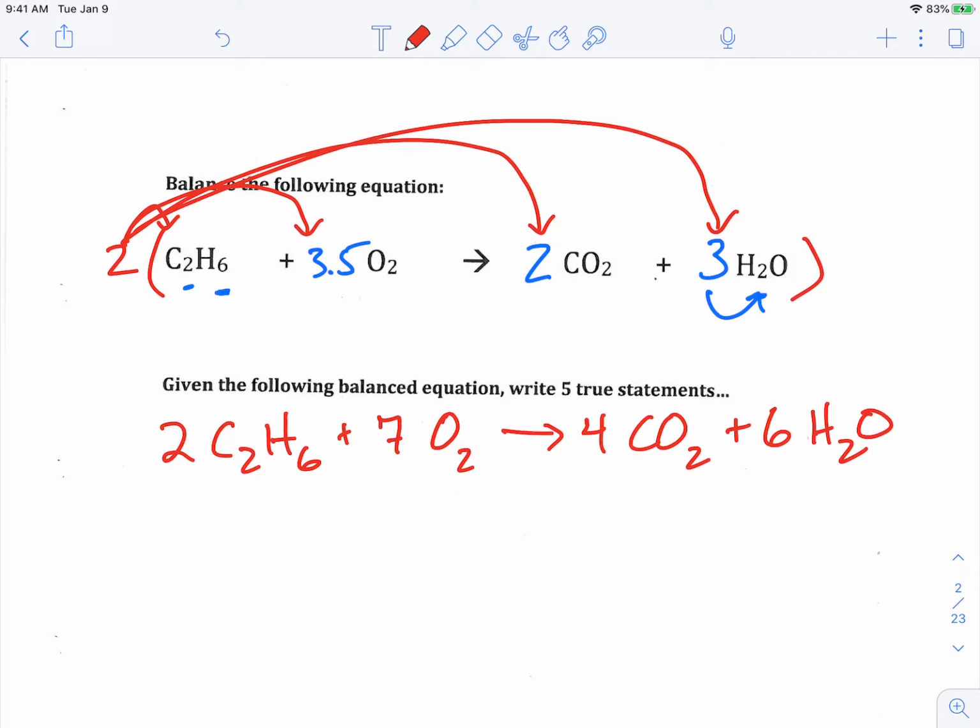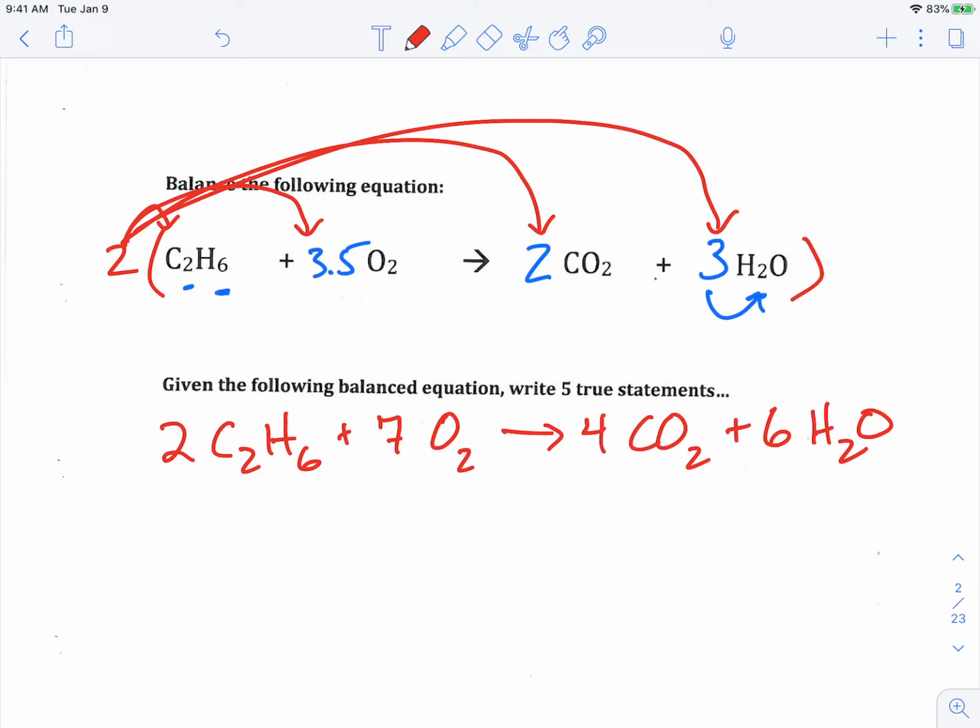Once we have this, we're going to ask you to write 5 true statements about this equation. What you want to try to do is draw upon your previous knowledge from baby chem and see what you can come up with as far as how you would think about this equation and what the equation tells us.